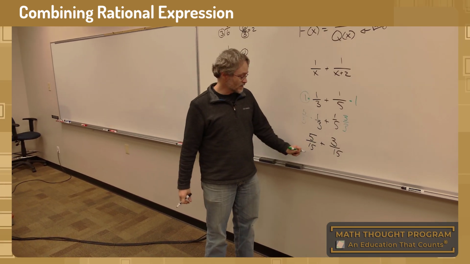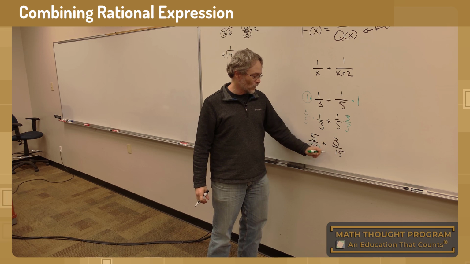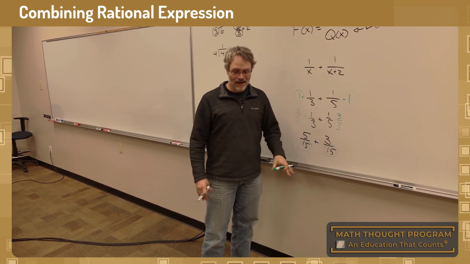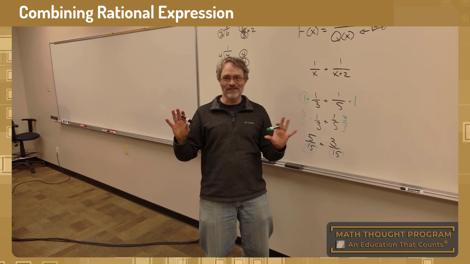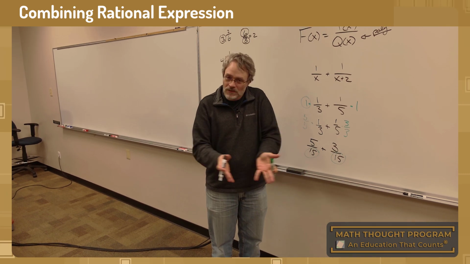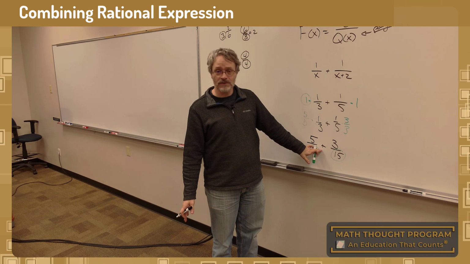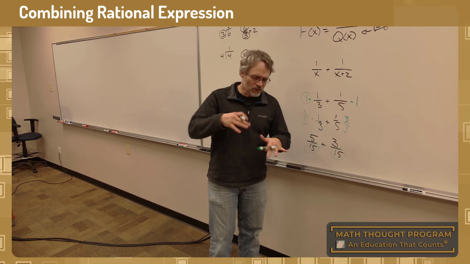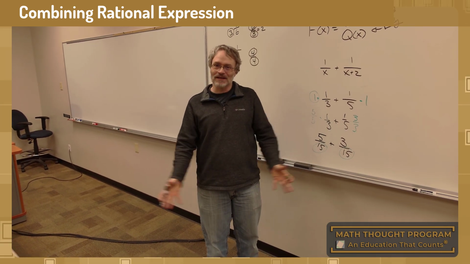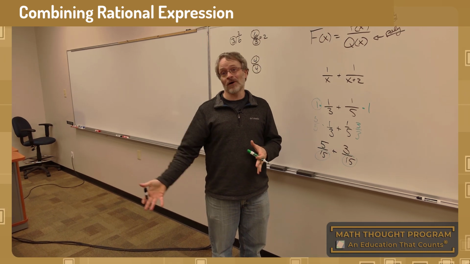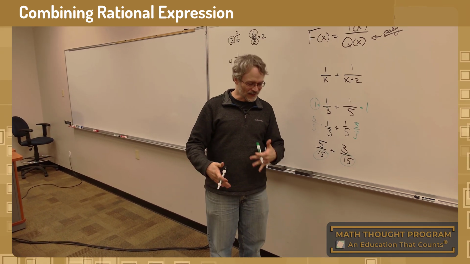And if you notice, my denominators are identical. They're the same. And as soon as my denominators are the same, what I'm going to do is add or subtract the numerators, whatever the operator is telling me to do. Now, the reason why we're doing this goes back to that distribution property. That distribution property is kind of whack-a-mole.